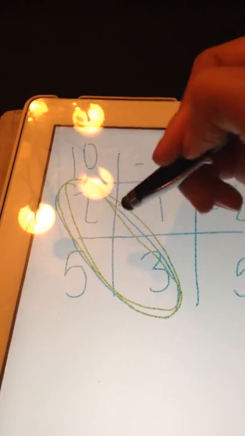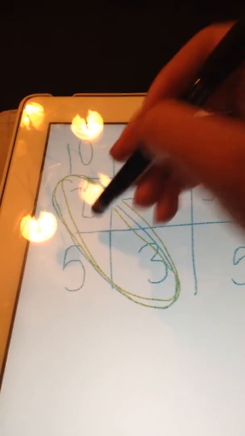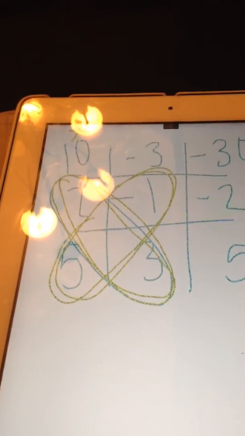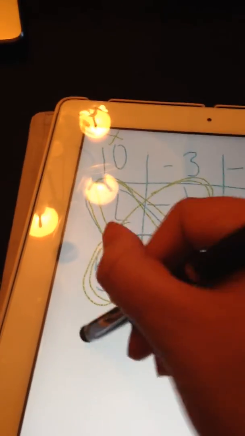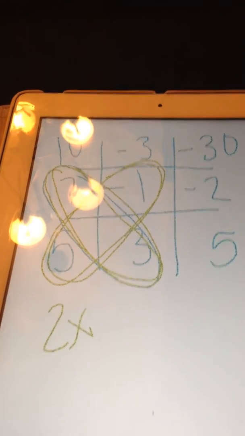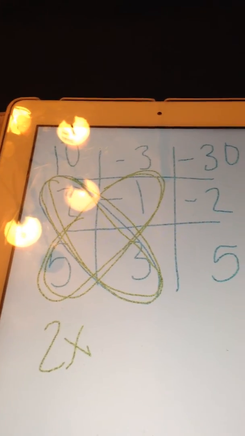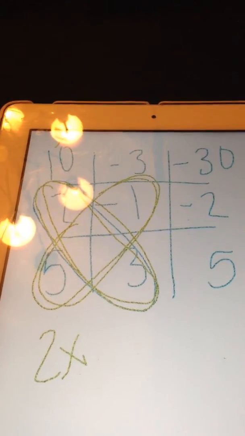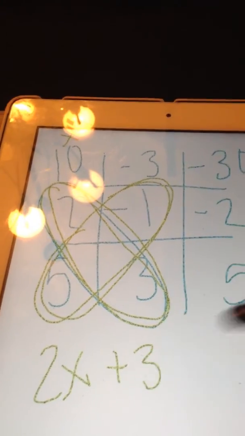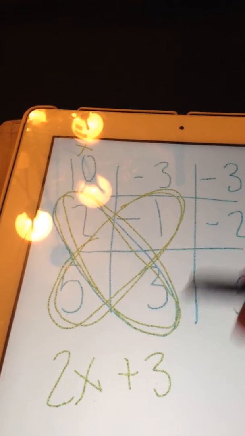We're going to cross with the 2 and the 3, and then we're going to cross the 5 and the negative 1. So since this is basically the x column, we're going to use 2x, just like I showed you in the formula. So it's going to be 2x, and we're going to do plus 3, because this is positive.